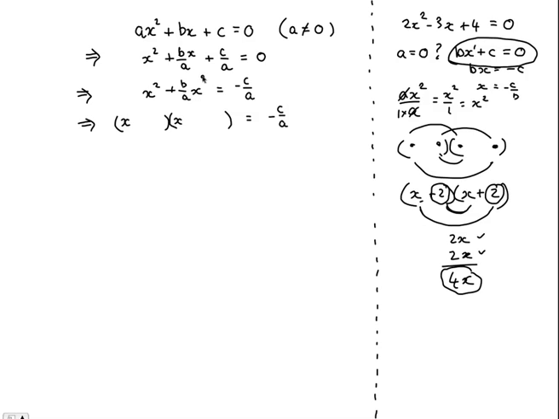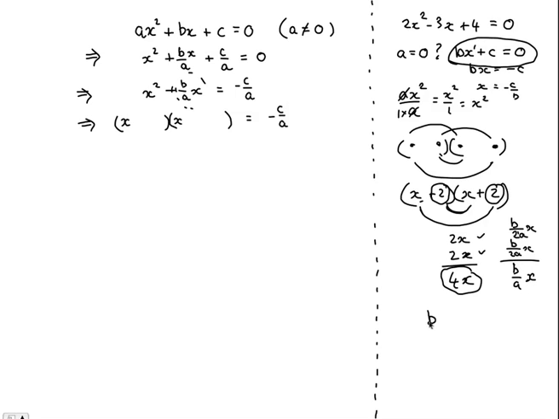So whatever we get, and this is the term that involves x, whatever we get, which is b over a x up here, the outsides and the insides must involve a half of this. It must be b over 2a x and b over 2a x, a half each.